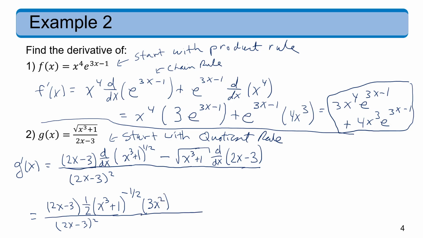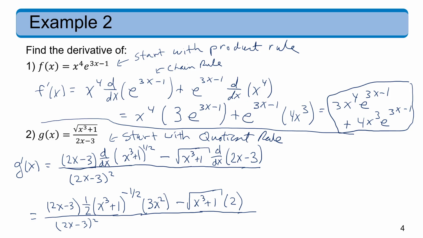Okay, so that was the work to get this derivative. So now we need to keep going in our numerator, so copy this next part. And now multiply that by this other derivative, which we can easily calculate. Derivative of 2x minus 3 is 2 minus 0, which is just 2.